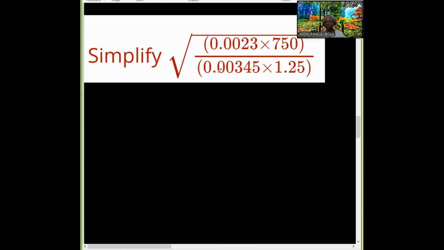What we are supposed to do is to look at this question and say 0.0023 is going to become a whole number, okay?